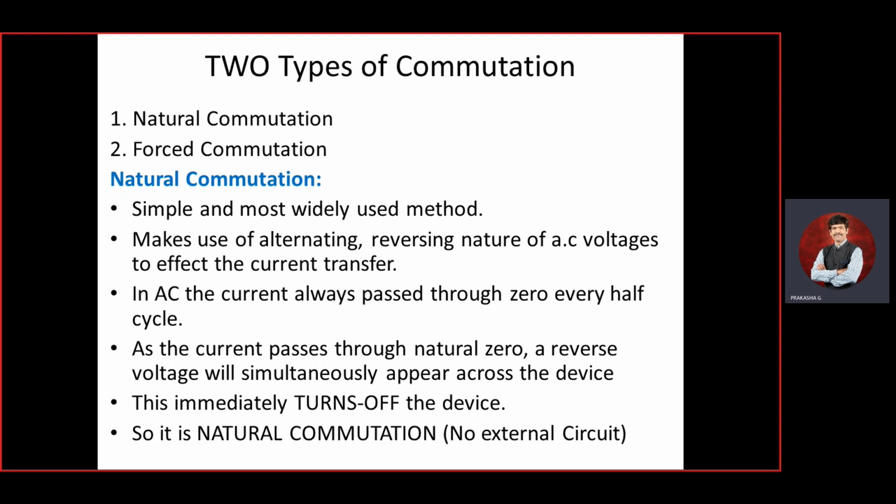Understood about natural commutation? Forced commutation. Once the thyristors are operating in the on state, carrying forward current, they can only be turned off by reducing the current flowing through them to 0 for sufficient time to allow the removal of the charge carriers. That's what it says: a thyristor cannot turn itself off.